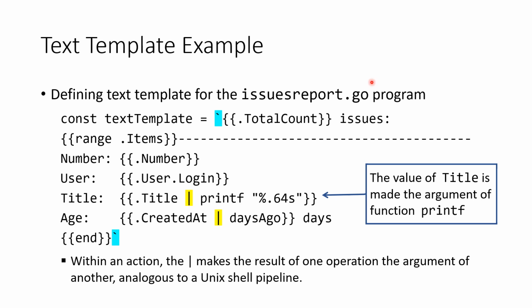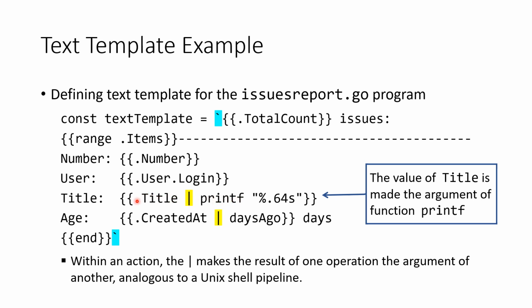Within an action, you can use a vertical bar to make the result of one operation the argument of another operation, analogous to a Unix shell pipeline. For example, in this action, the bar is placed between the dot Title operation and the printf function.